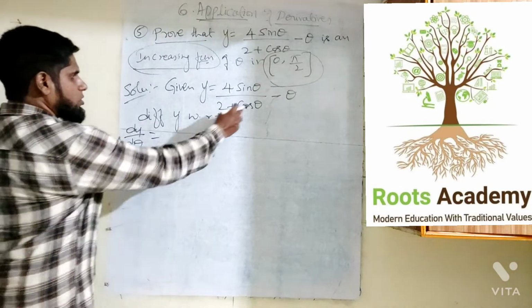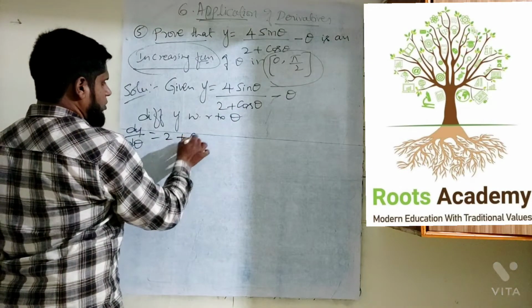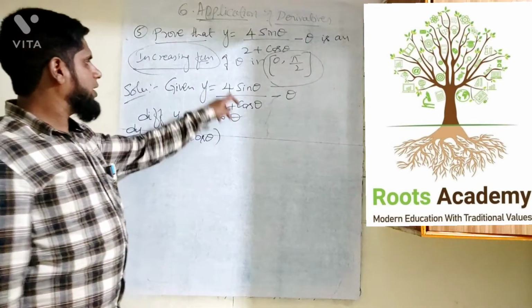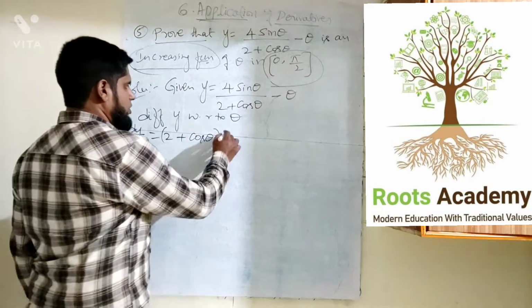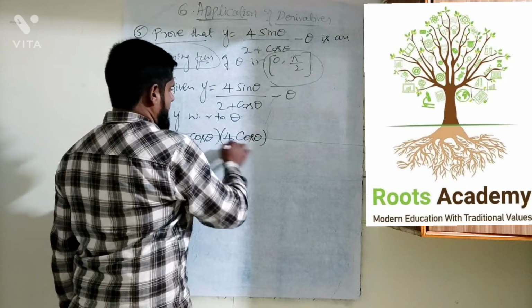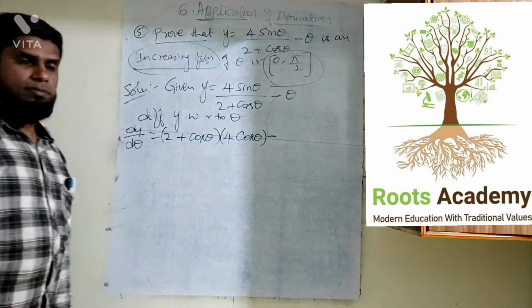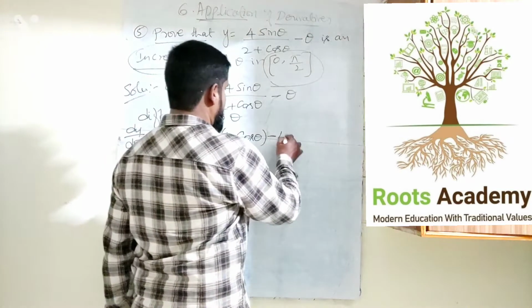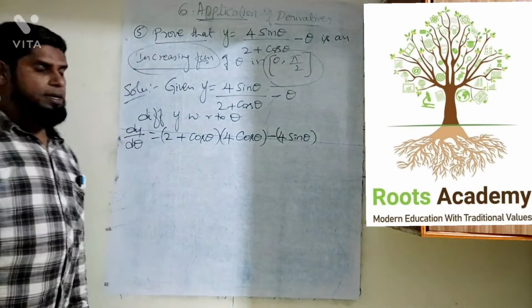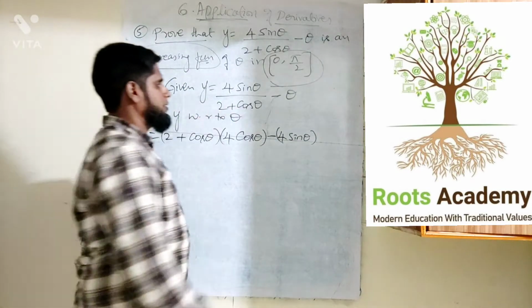So what is the quotient rule? It says denominator into derivative of numerator, so it is 4, the derivative of sine is cos theta, minus numerator into derivative of the denominator.